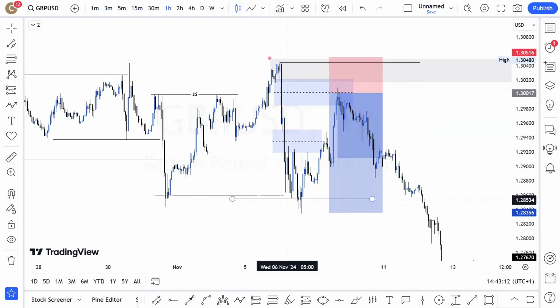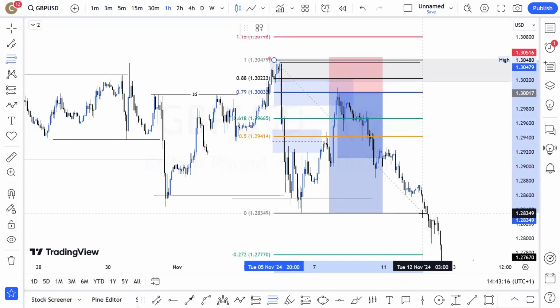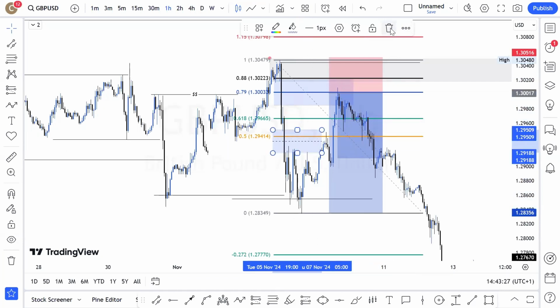So basically, if you use your fib level, you're going to be looking at a scenario like this. You can see this one is actually below the premium zone. So by default, using the elimination method, this is out.